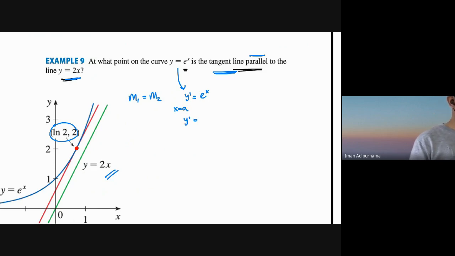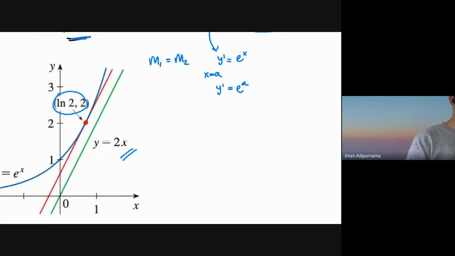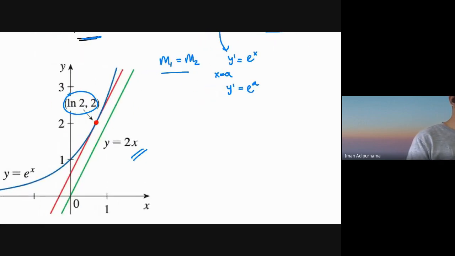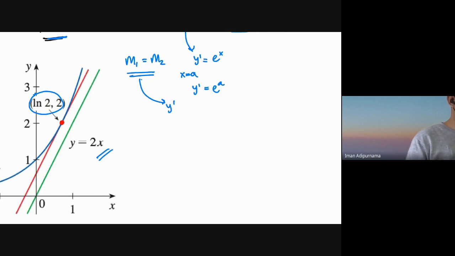That means we will have e to the a, okay? And then we know that the slope is the same. Then y prime is actually the same as 1.